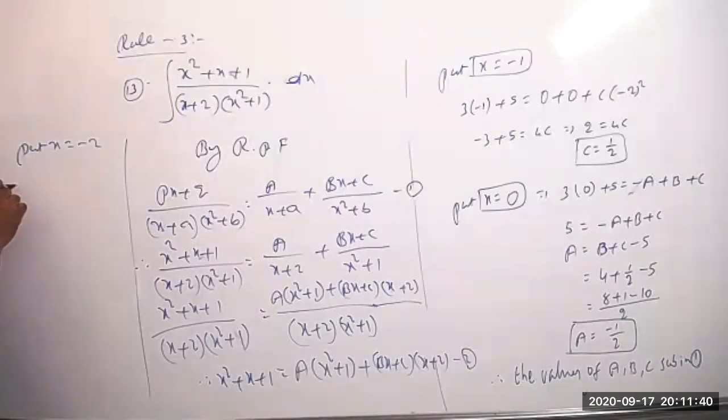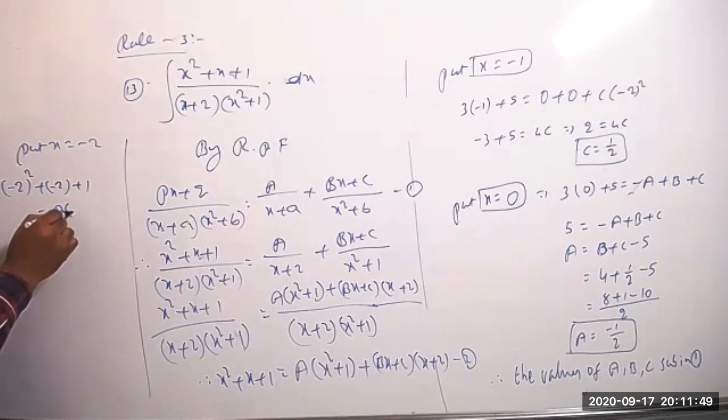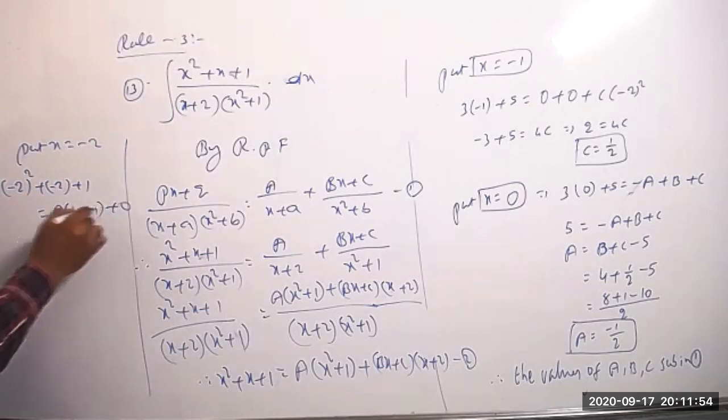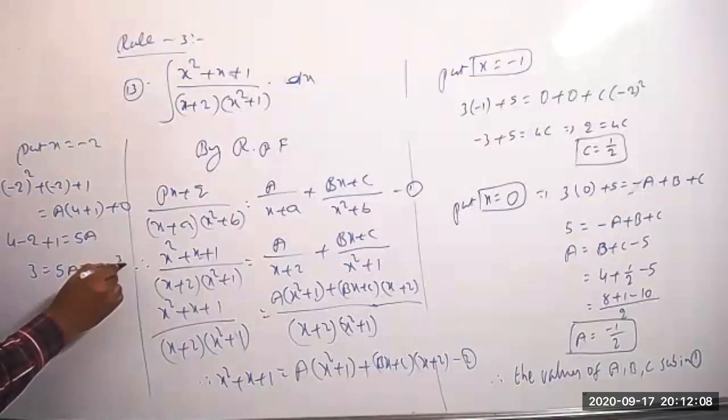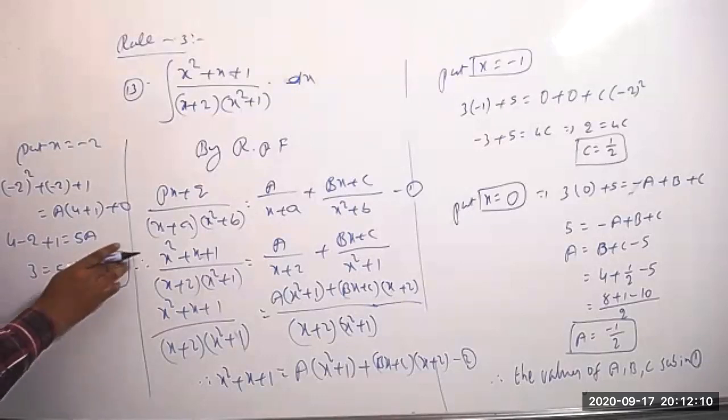Substitute minus 2: minus 2 whole square plus minus 2 plus 1 is equal to a into minus 2 whole square, which is 4, plus 1, plus 0. So minus 2 whole square equal to plus 4, minus 2 plus 1 is equal to 5a. So 4 plus 1 equal to 5, 5 minus 2 equal to 3. 3 equal to 5a, the value of a equal to 3 by 5.